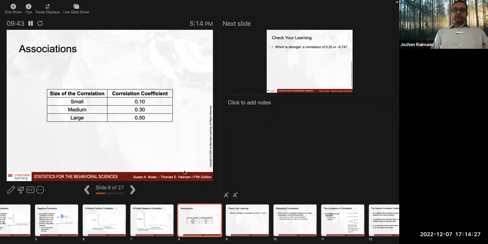For this correlation coefficient, we will do an example today calculating it, because it does make sense to understand why that correlation is calculated the way it is, because that makes you understand what null hypothesis you're actually testing. Nevertheless, for the correlation coefficient you again have conventions. 0.1 to 0.3 is a small correlation, 0.3 to 0.5 is a medium correlation.